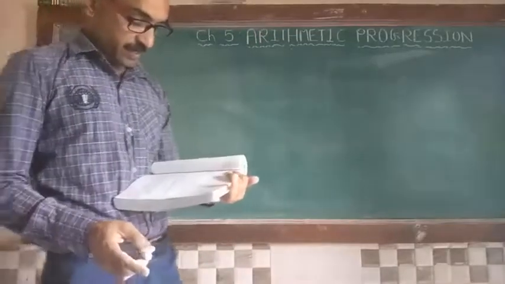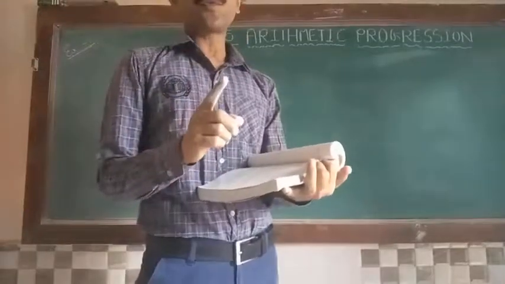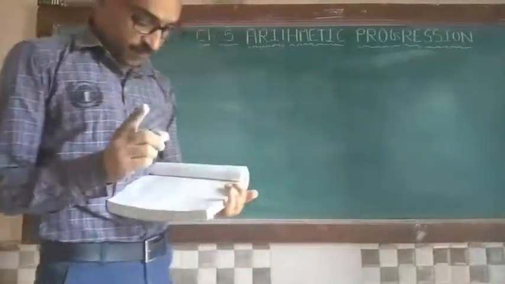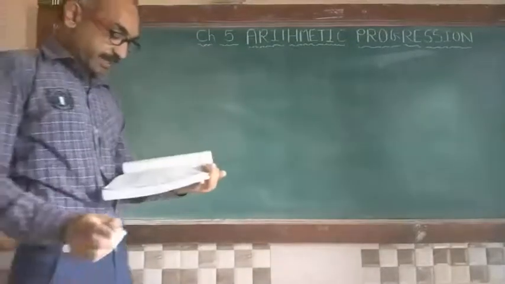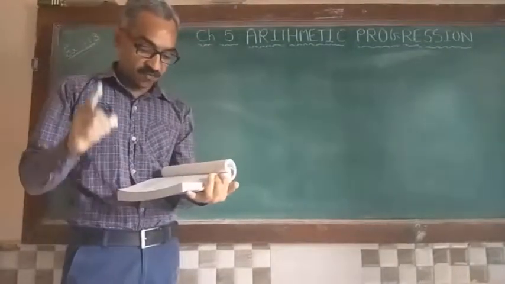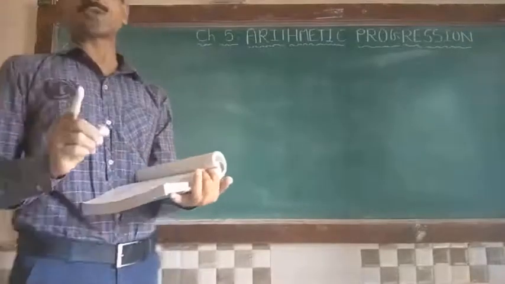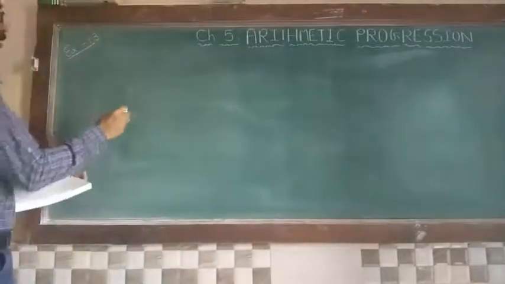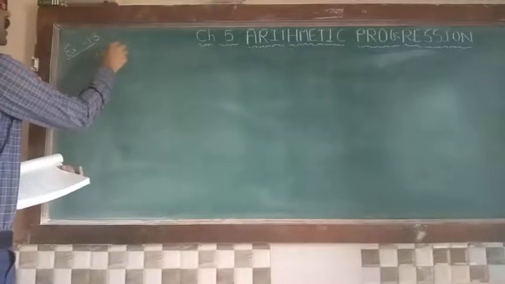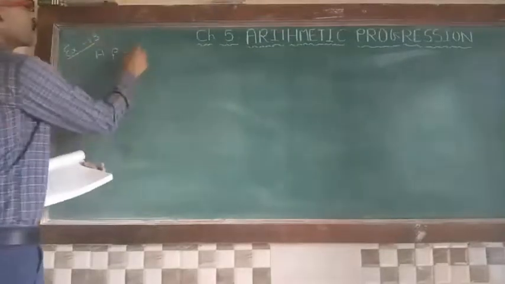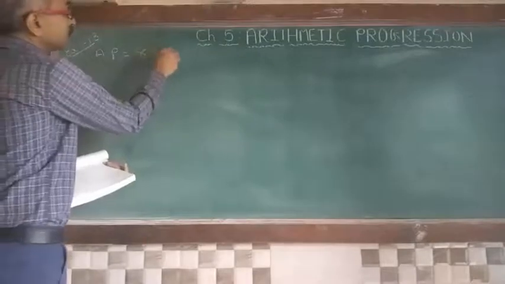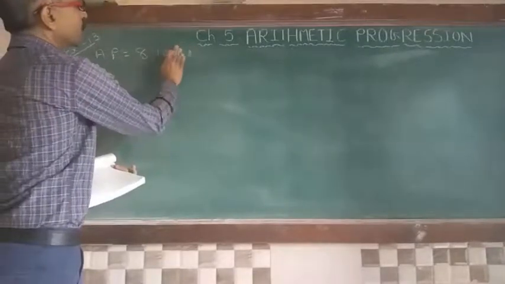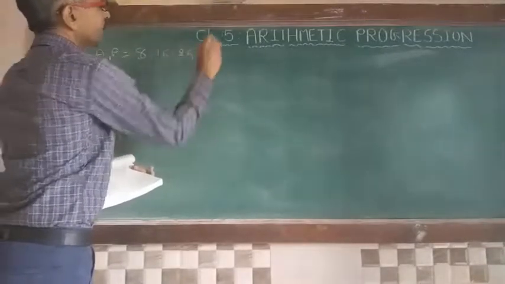Now your examples number 12, 13 and 14 are set, so we are going for the next one. Example number 13 is: find the sum of the first 15 multiples of 8. That means your AP is multiples of 8: 8, then 16, then 24, and so on.